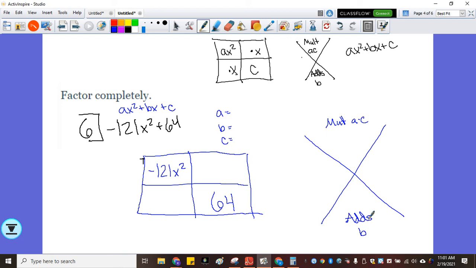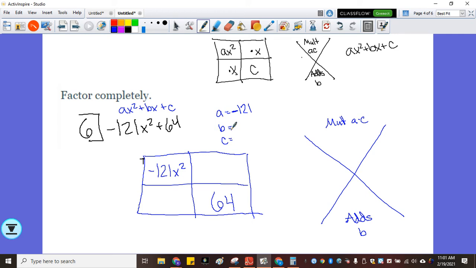So multiplies to AC and adds to B. So first, what is A? Just the number. Because x squared, A is just the number in front of x squared.